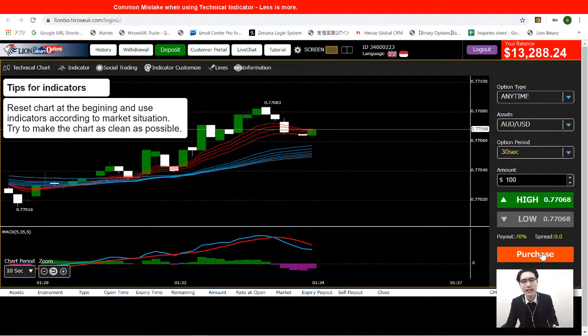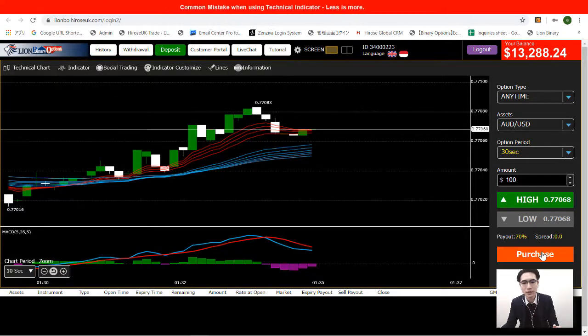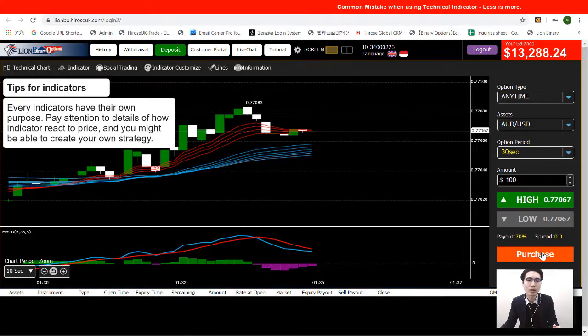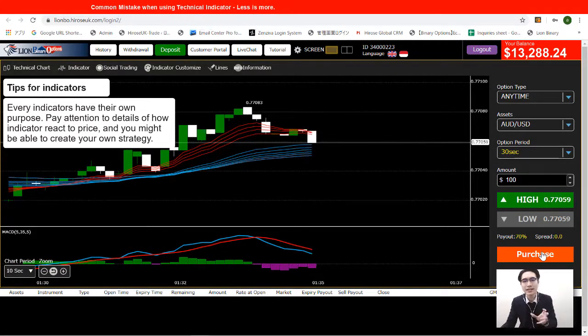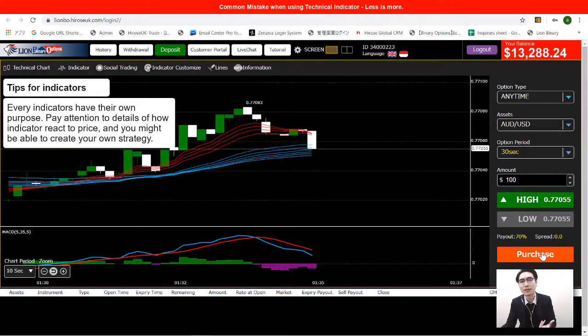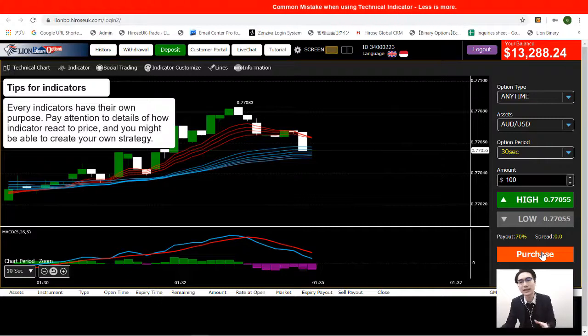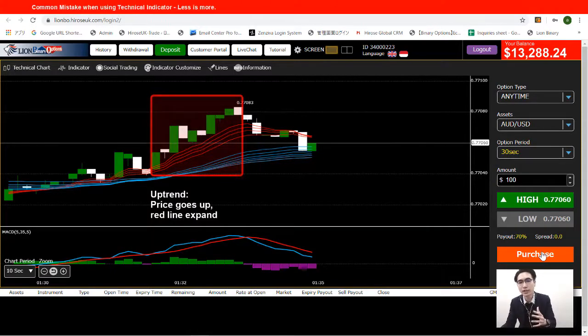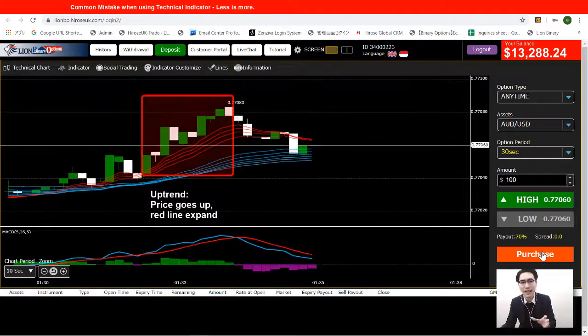So what I'm going to talk about here is the GMMA. That's the way you can spot a signal from the technical indicators. You just need to find every single detail that the indicator gives out. For example, when I use the GMMA, if the price is heading in the trend direction, the red line should expand.